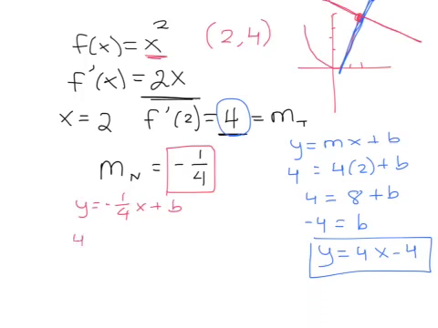So 4 is equal to negative 1/4 times 2 plus b. This simplifies into negative half. So in order to solve for b, we need to add half. So it'll be 4.5, or you could also say 9/2 is equal to b. So the equation of the normal would be y equals negative 1/4 x plus 4.5.